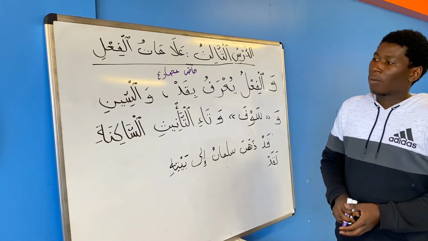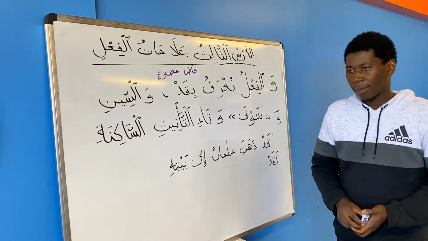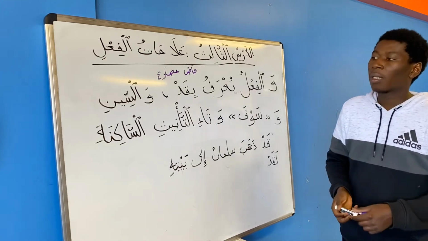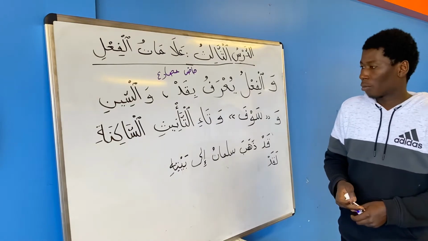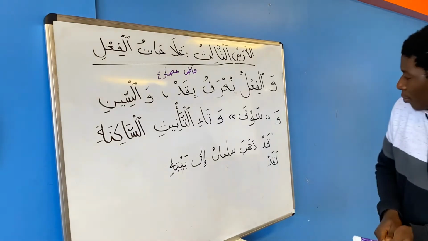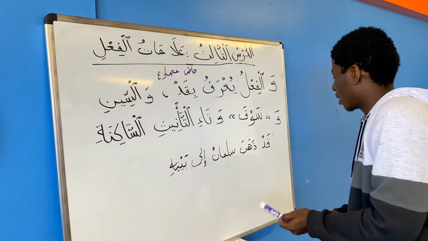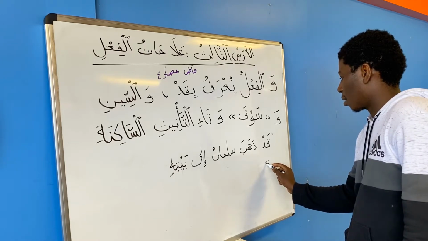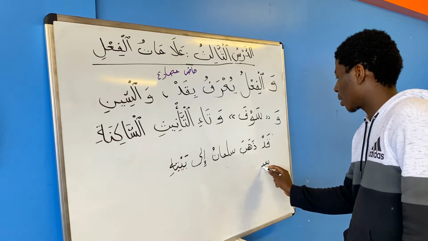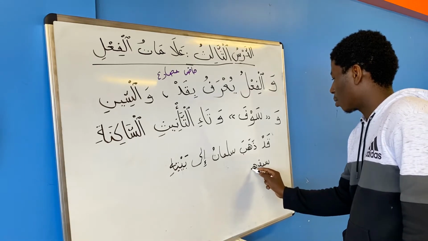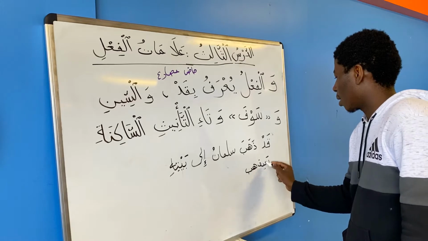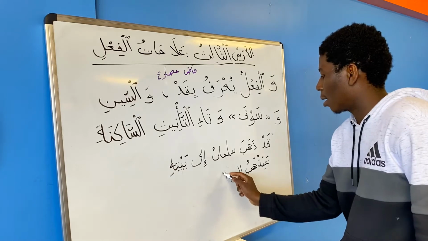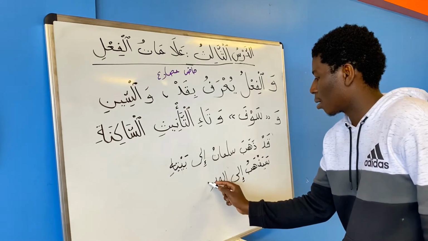Then the next one he said والسين, seen. Seen is used for the present and also for the future. So let's take an example: سيذهب إلى المدرسة.